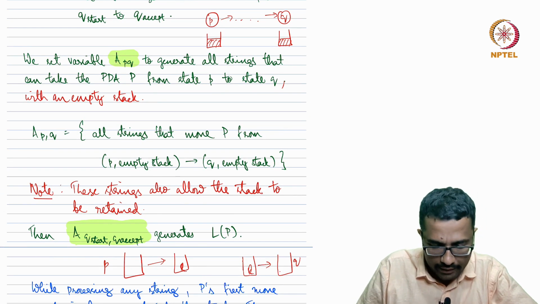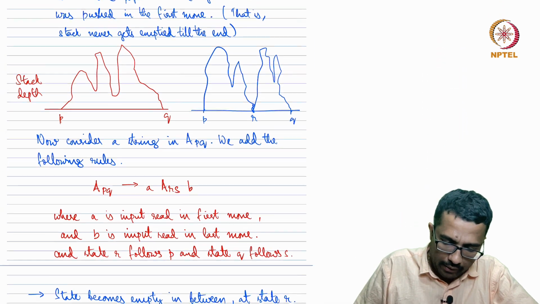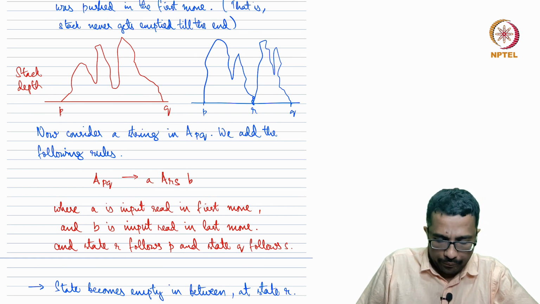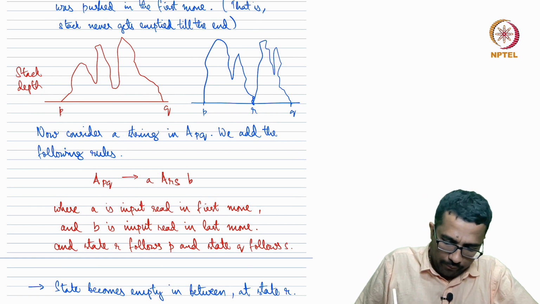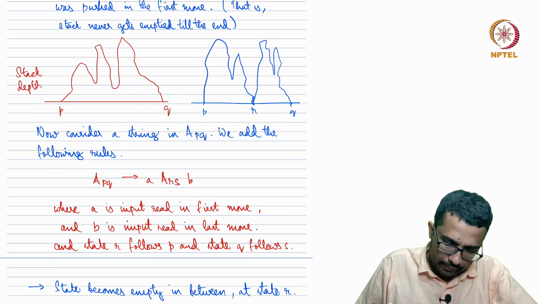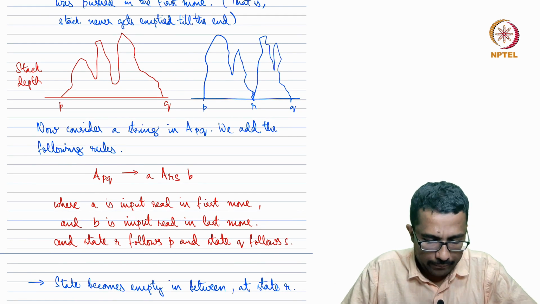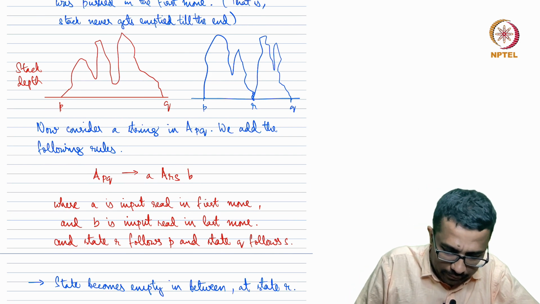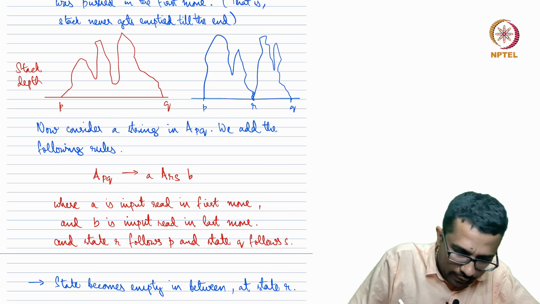Here I am writing it as a set, but it's a variable. For this particular situation, we add a rule like this, where A_PQ yields the following thing.